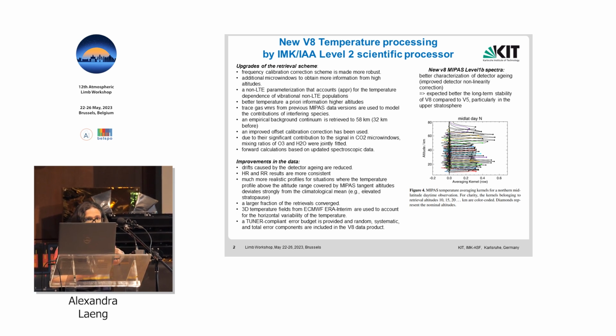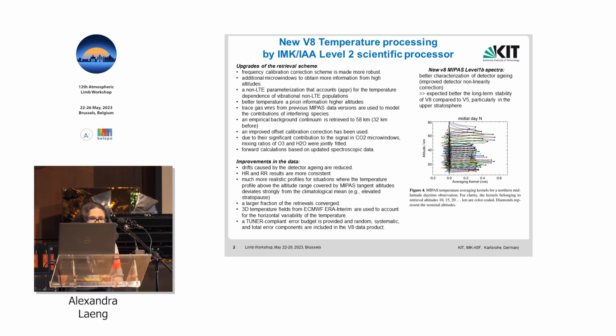So what have we done new as to the retrieval scheme? The frequency calibration correction scheme is now made more robust. We added some additional microwindows to obtain more information from high altitudes. Now we have a new non-LTE parameterization. We always had one, but now we have a new one that accounts approximately for the temperature dependence of vibrational non-LTE populations. We also have better temperature a priori information for the higher altitudes.